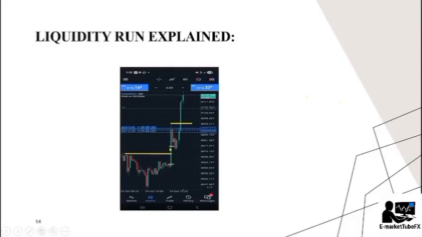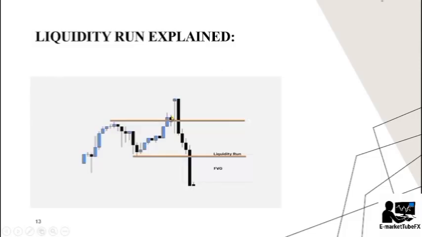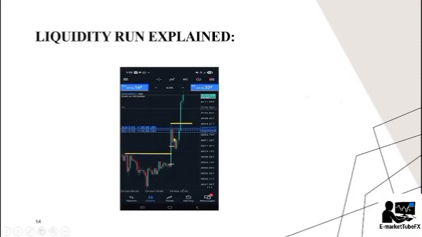Price went up, and we have a fair value gap. We were expecting price to reverse after sweeping liquidity, as we saw over here. But in this case, it didn't happen. As price got to the liquidity zone, a bull candlestick formed here, then another bull candlestick confirming that the market is about to go up. Then I joined the bullish move. So this is a liquidity run.